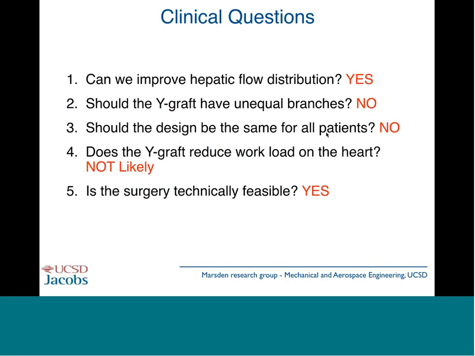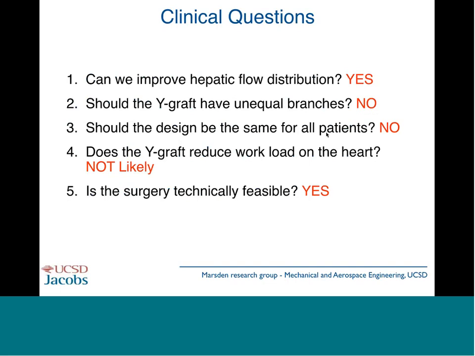So to come back to the clinical questions that we posed originally, we believe that we can improve hepatic flow distribution with a Y-graft design. Our optimization study showed us that we don't believe the Y-graft should have unequal branches, but we also do think that the design should be customized for individual patients, particularly when it comes to examining the risk of low wall shear stress or high residence time leading to thrombosis.